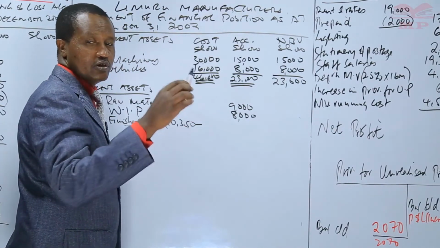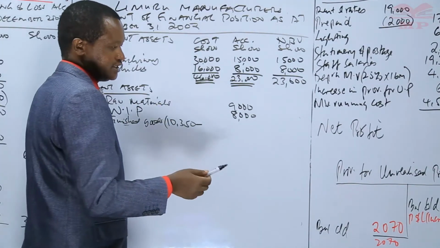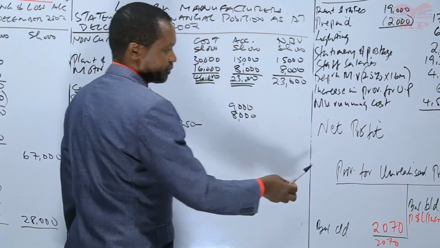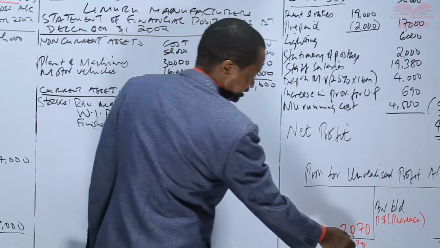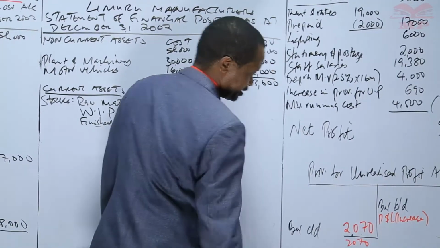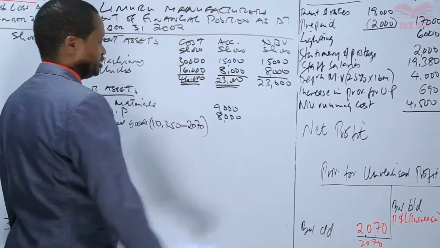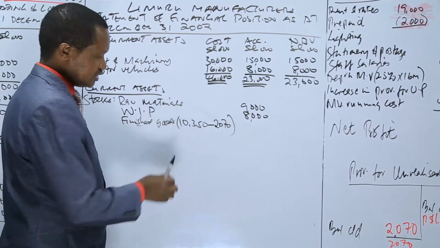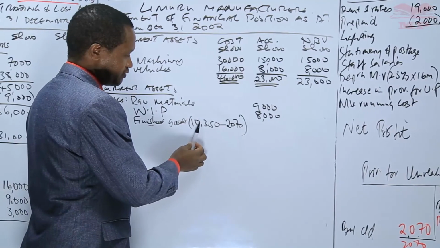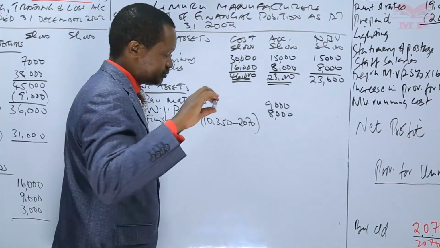Provision for unrealized profit at the end, and we have just calculated it here. Provision for unrealized profit at the end of 2,070,000 should be deducted from the finished goods, because these finished goods, which are valued at 10,350, is inclusive of the unrealized profit.